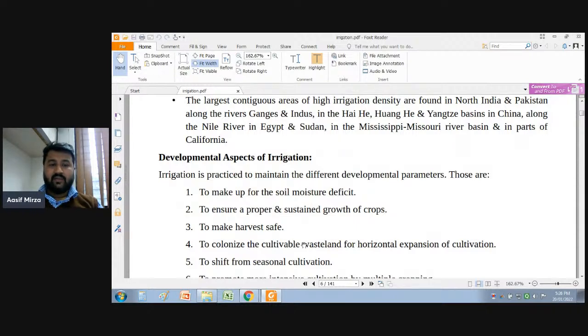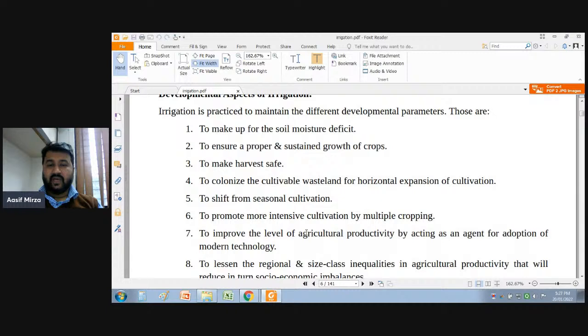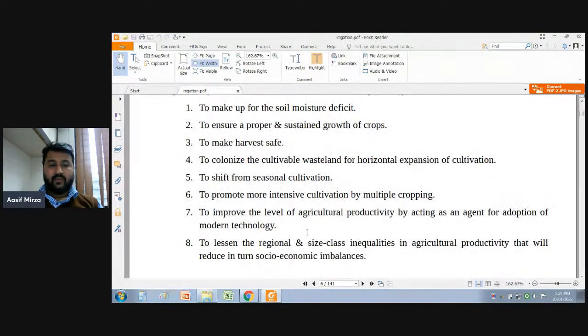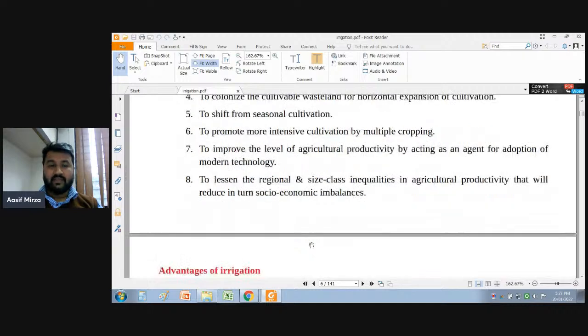Those are to make up the soil moisture deficit, to ensure proper and sustained growth of crops, to make harvest safe, to colonize cultivable wasteland for horizontal expansion of cultivation, to shift from seasonal cultivation, to promote more intensive cultivation by multiple cropping, to improve the level of agricultural productivity by acting as an agent for adoption of modern technology, to lessen the regional and size class inequalities in agricultural productivity, which will in turn reduce socio-economic imbalance.